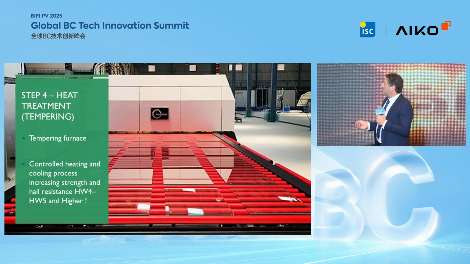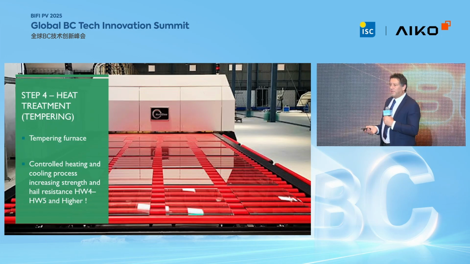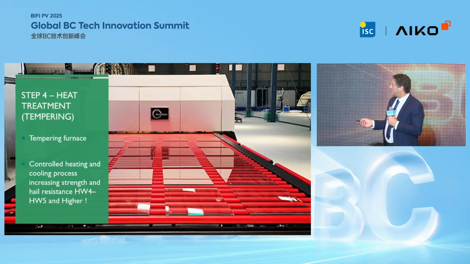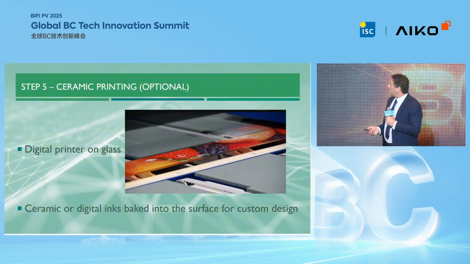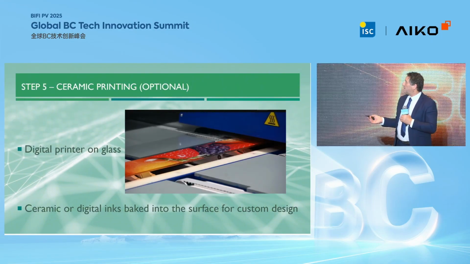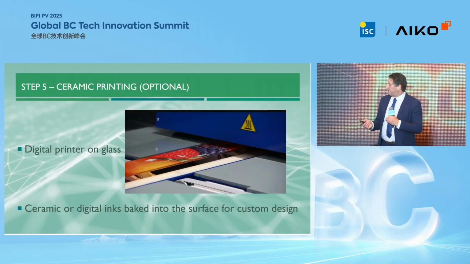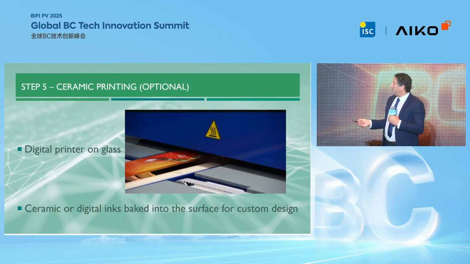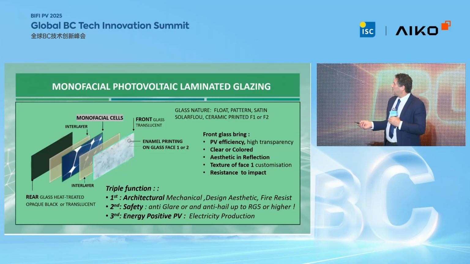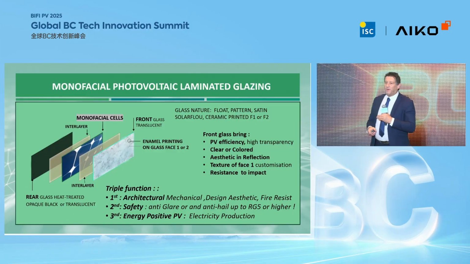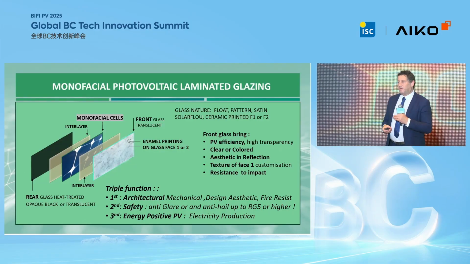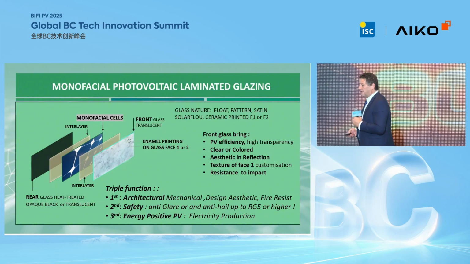In fact, you can improve the hail test resistance of the glass. Last but not least, before tempering also, we can apply some digital design on the glass before lamination.